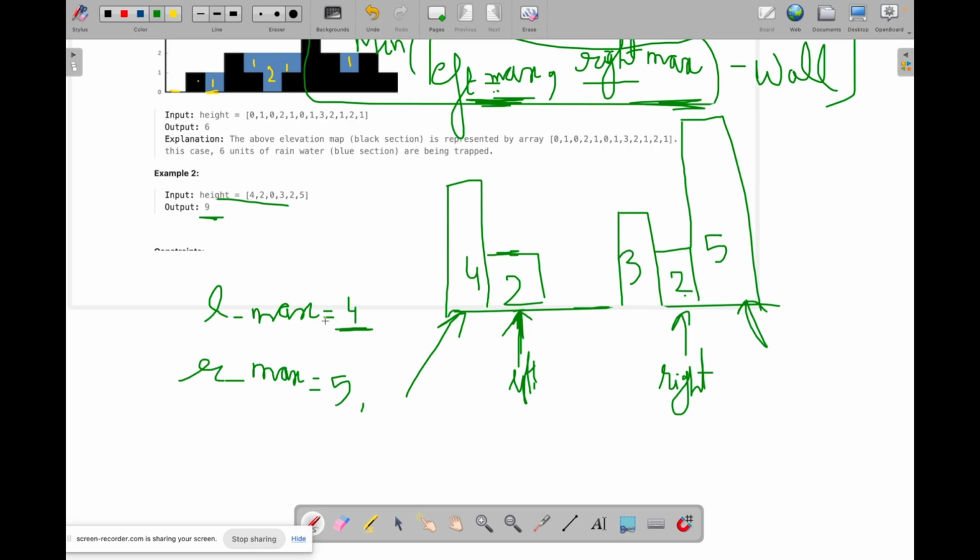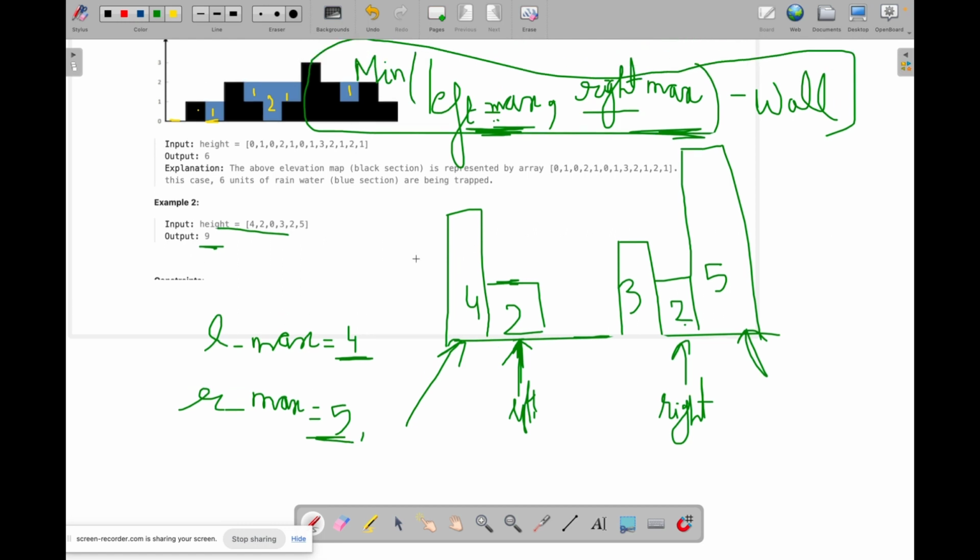If it is greater than the left max, I don't need to bother about the value of this right max. Why I don't need to bother? Because I am always taking the minimum of left max and right max. So the minimum of left max and right max, 4 comma 5, will be 4, and I will subtract the height of the wall, which is 2. So now I got to know, yeah, we can store 2 unit of water here.